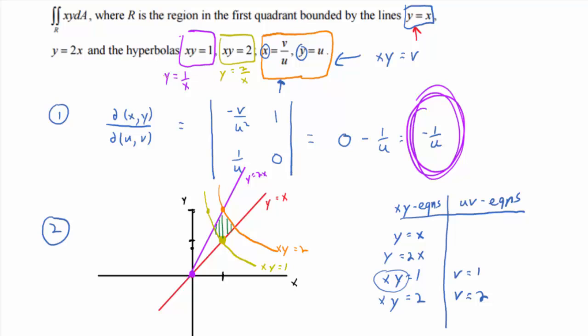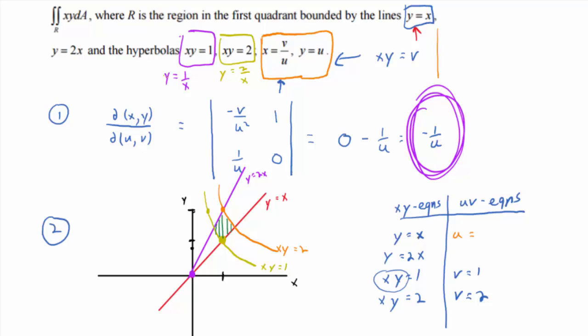All right, so y equals x. Does anybody see a way to come up with the equivalent uv equation? So again, it's getting kind of messy here. We're going to use these transformation equations circled in orange here. Okay, so if y equals x, what could I replace y with? u.